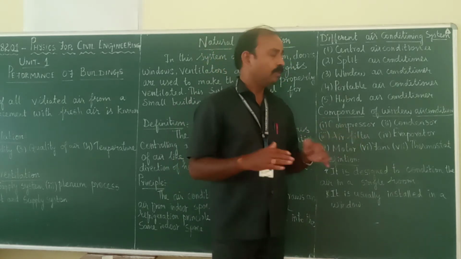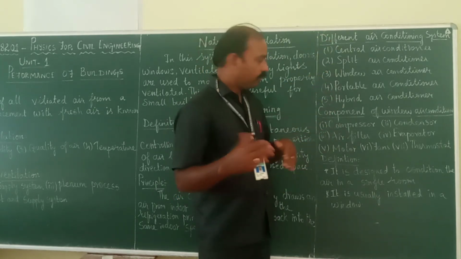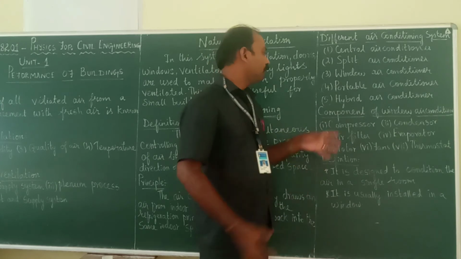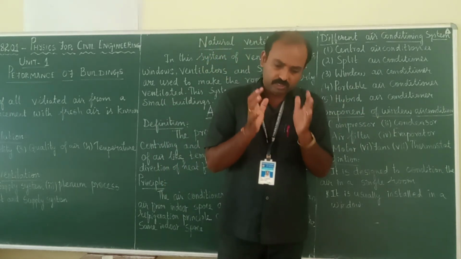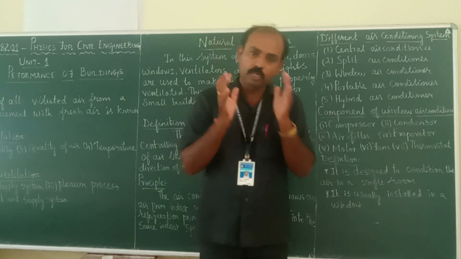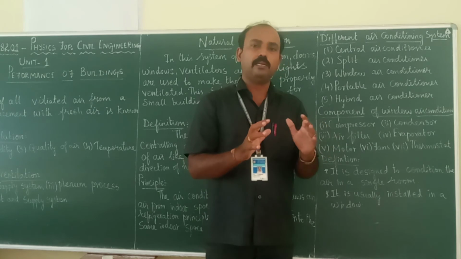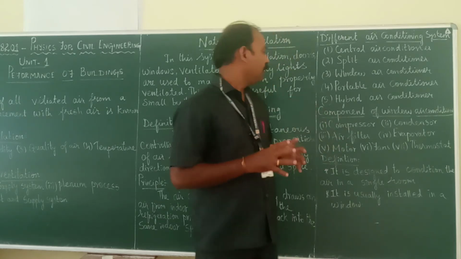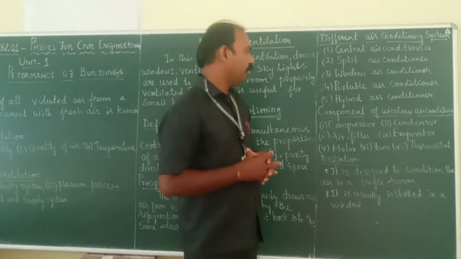So different types of air conditioners are going to be discussed here. Now, first our focus is to see the details of the window air conditioner. In our portion, the window air conditioner is treated separately. So what are the components available in a window air conditioner?